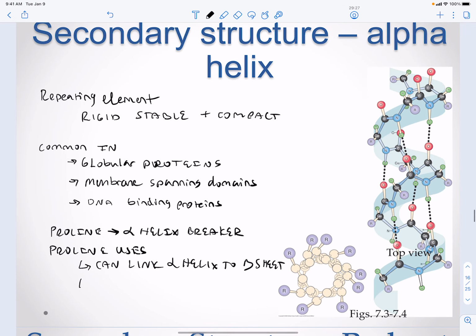And also tripolines are going to be important in protein-protein signaling. Prolines are also going to be common in collagen.